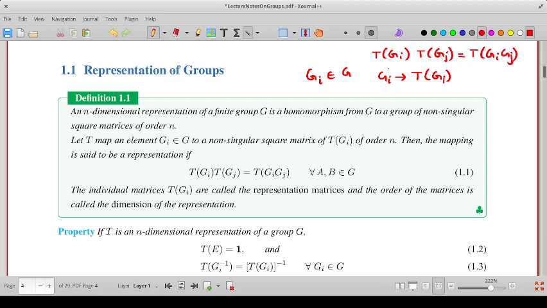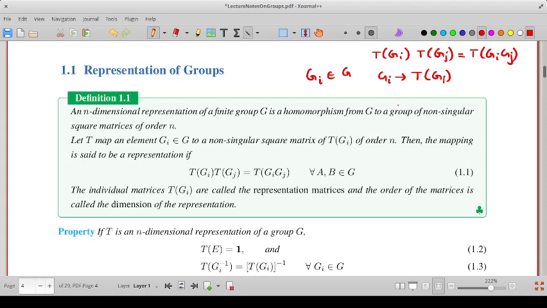Then we can see that the assignment of non-singular square matrices Tgi to every element Gi is in fact a homomorphism.